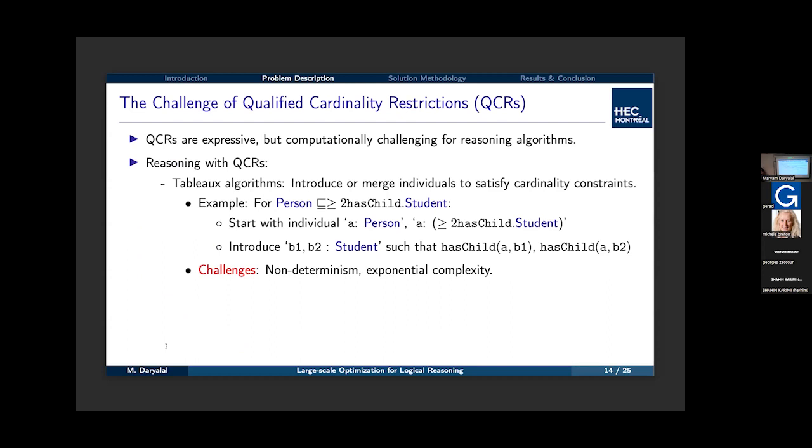For a lot of axioms in an ontology and a lot of relationships, these are already taken care of. The issue is with those qualified cardinality restrictions. In the long history of researchers trying to make these ontologies and the semantic web work, qualified cardinality restrictions have presented the most challenge.